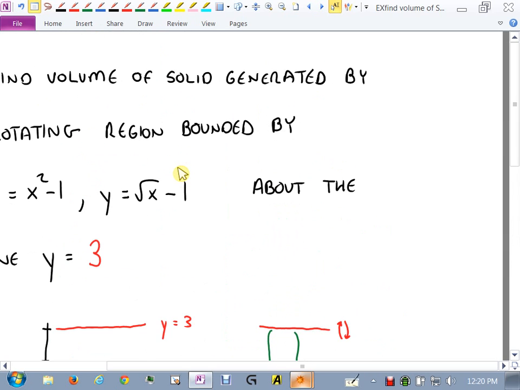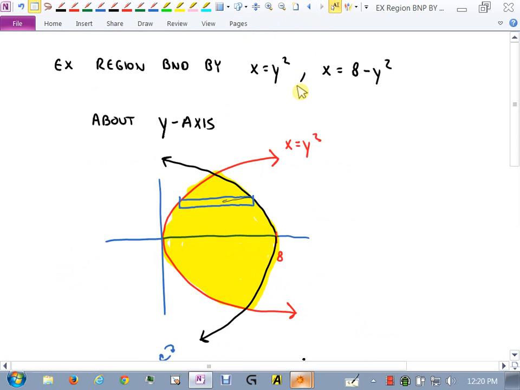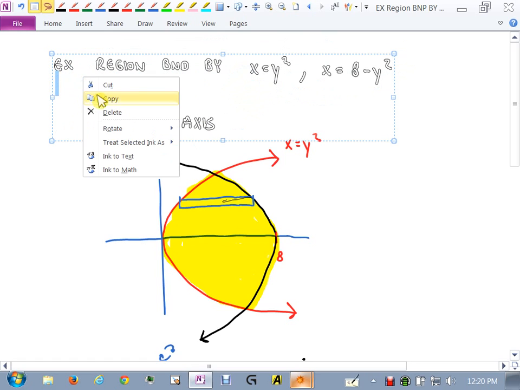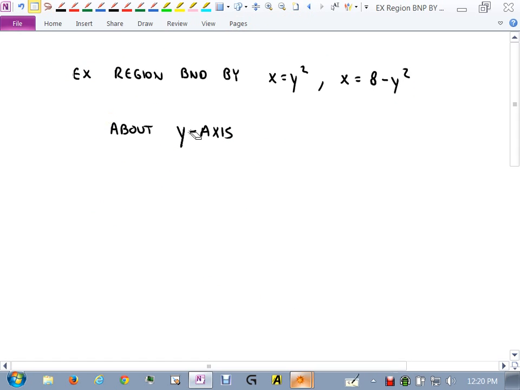Now, what would happen if I took this region? I don't know if I'm going to get to shells today. What if I take this same region? All right, let's do the same exact problem, but instead of around the y-axis, why don't I do it around x equals -2? X equals -2 is a vertical line, isn't it? So you would have that same region.